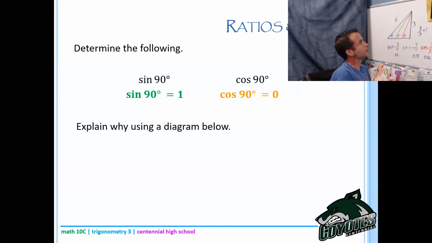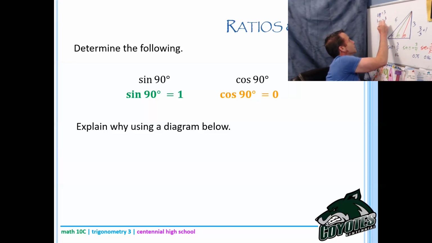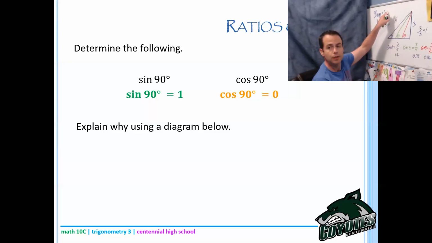So when theta becomes 90 degrees, the triangle kind of falls apart, and I'm left with essentially, let's actually start with the opposite. Opposite was 3, hypotenuse was 3, and adjacent is 0 when I hit that 90 degrees. So this now explains why the sine of 90, which is opposite over hypotenuse, 3 over 3, gives me 1.